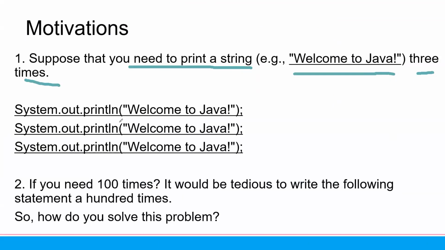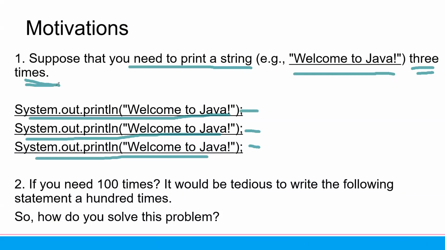The simple way is to write System.out.println welcome to Java, and then copy and paste it again, so you will have 3 lines. Therefore, we have 3 times.